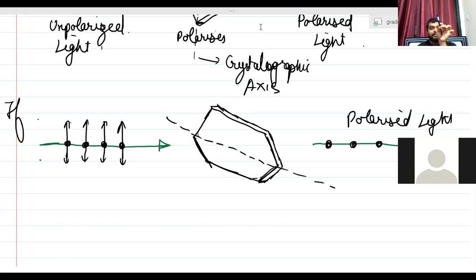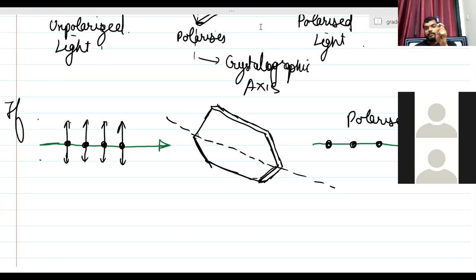I have drawn it like this. Can you see one vibration is basically coming out of the plane? This one. Yes, sir. So basically this is your unpolarized light, and let's say this is your polarizer. So can you see over here? Picture it like this. So this is how the diagram is drawn.